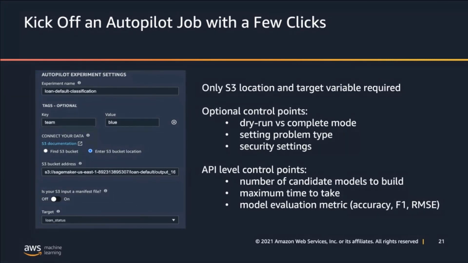Of course, for the advanced users out there, we offer additional controls around security like VPC, etc. And we give you controls around configuring further the number of candidate models Autopilot considers, which evaluation metric it should be basing the performance on. And quite importantly, everything that you see from the UI and every advanced configuration can be accessed via a simple API, so advanced users can programmatically trigger Autopilot jobs as they need.